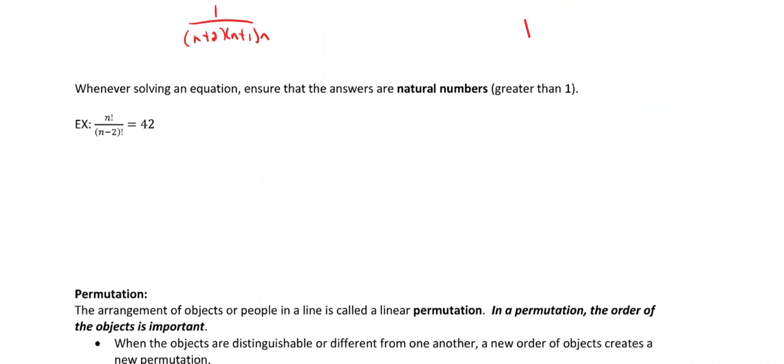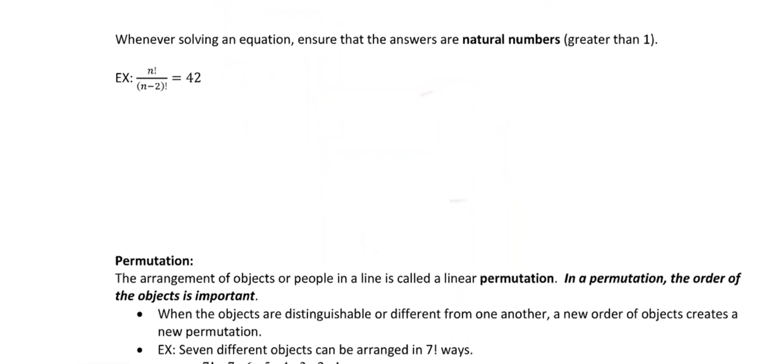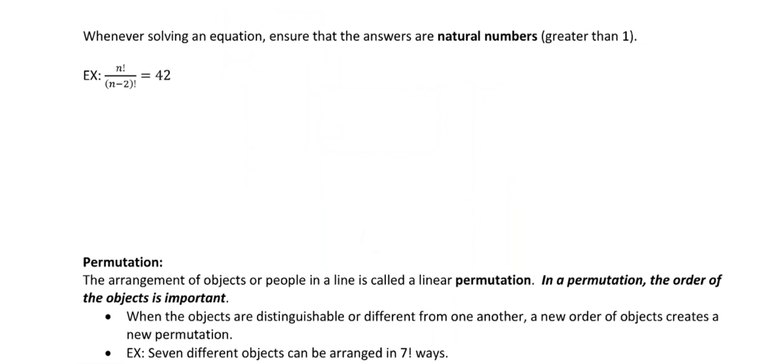Okay, so we can also solve factorials as well. So in this case, when we're solving these, what we've got to do really is get rid of the factorials. I don't really know how to deal with factorials when we're solving. So we want to get rid of them, doing the same method we did above, right? So very first thing I'm going to do is rewrite the top of this.